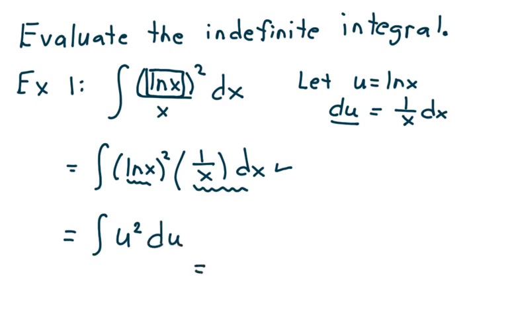When I evaluate, this is more manageable than the original, I hope we can agree. So this is 1/3 u to the third plus c. But you're not done, because we have to put it back in terms of x. The original integral is in terms of x, so your answer should be in terms of x. The final answer will be 1/3 times natural log of x to the third plus c.